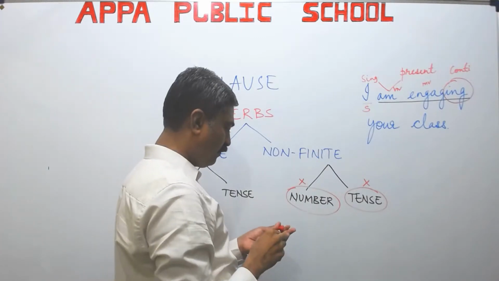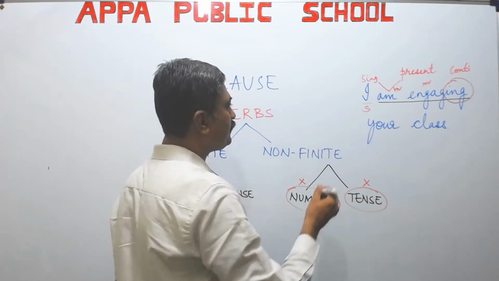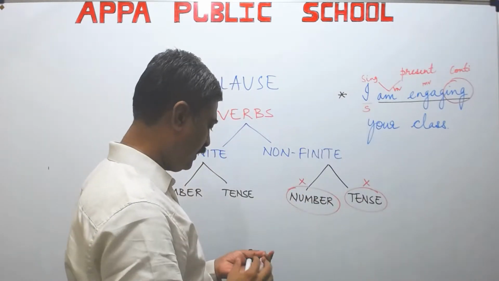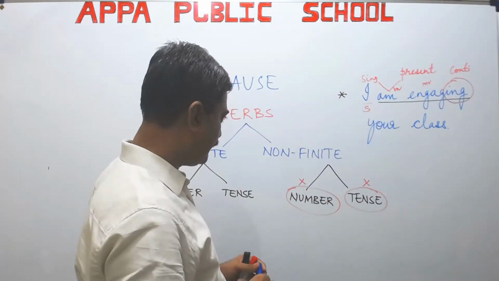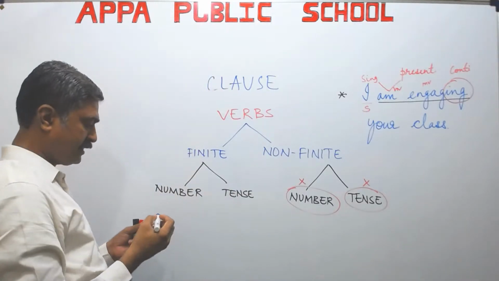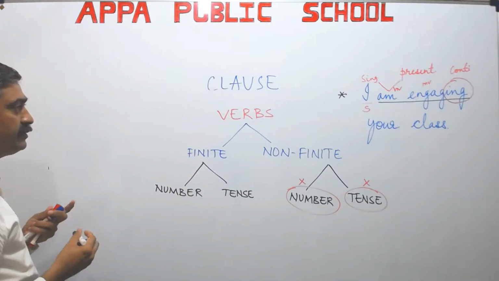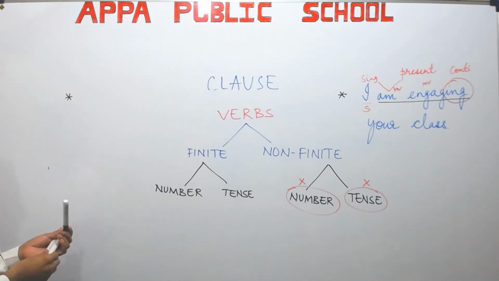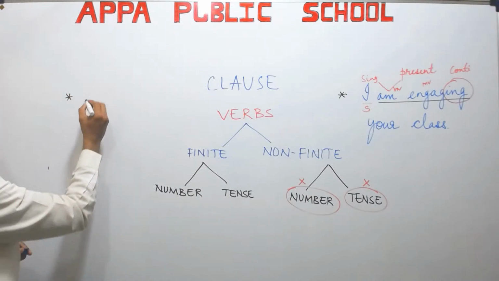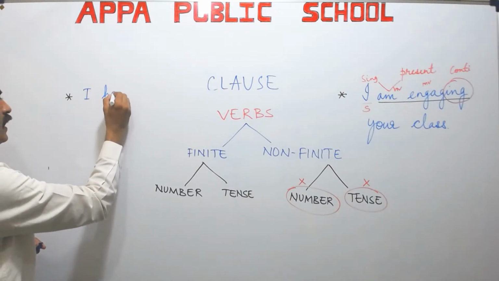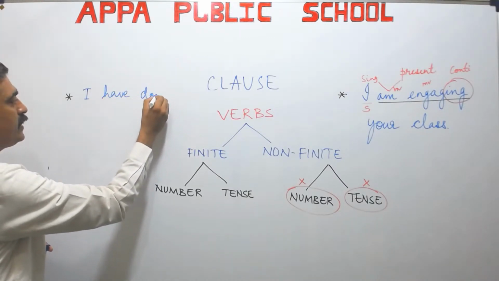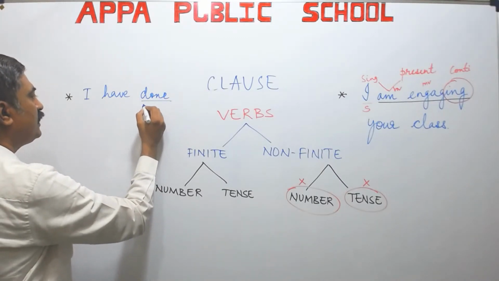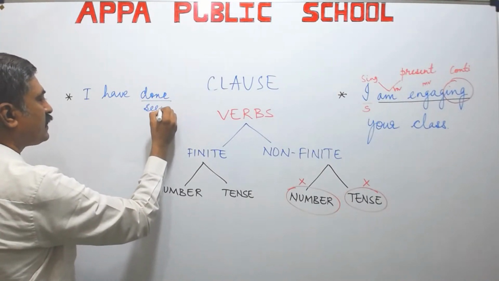Okay, so let's go for another example. Okay, what is another example? Let's go with this sentence. I'll come on this side to have the sentence for you. Okay, let's say I have done, or to make it easier, I would say I have seen.